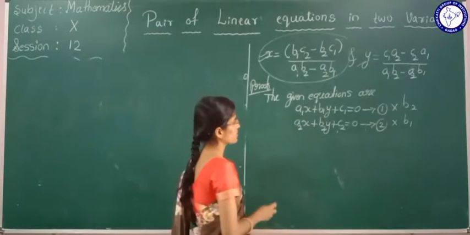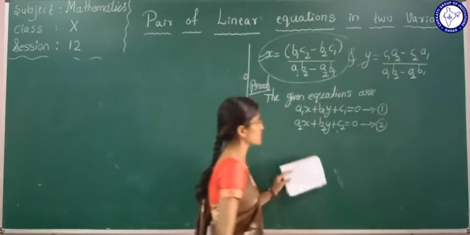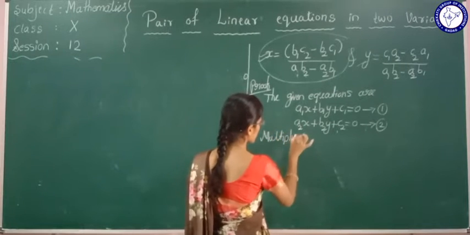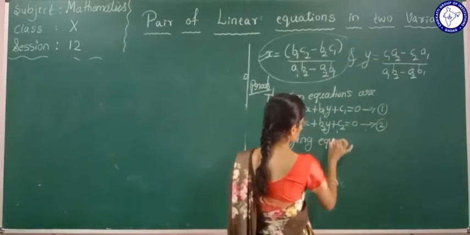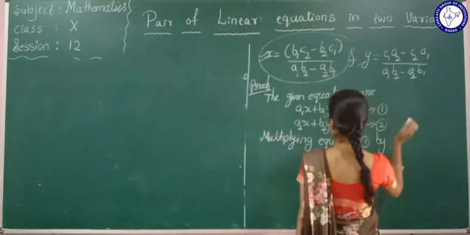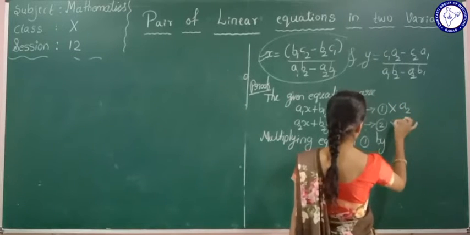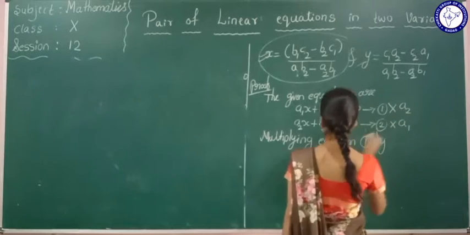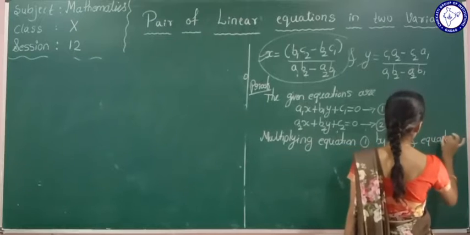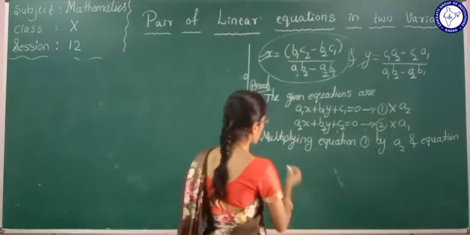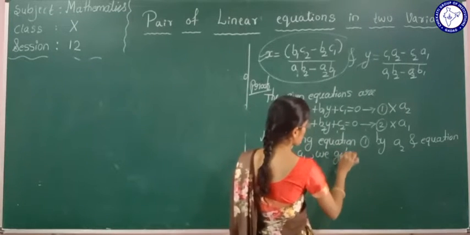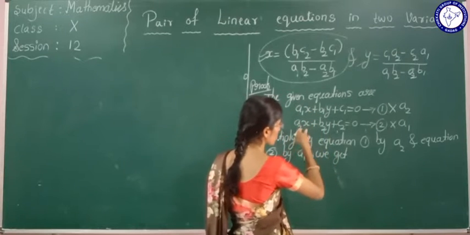Now see here, again the given equations are these only, that is equation 1 and 2. Now see here, multiplying equation 1 by a2 and equation 2 by a1. If we multiply equation 1 by a2 and equation 2 by a1, what will we get?